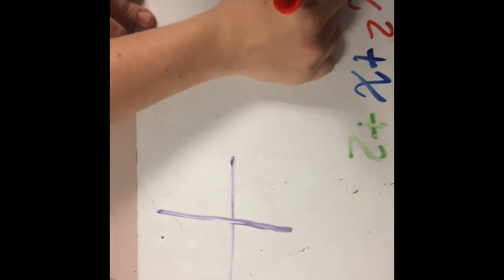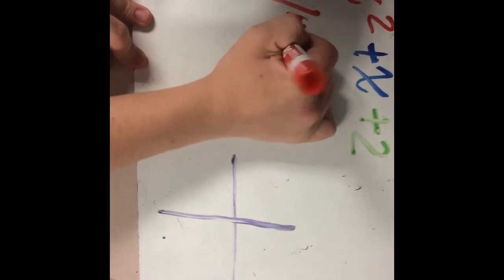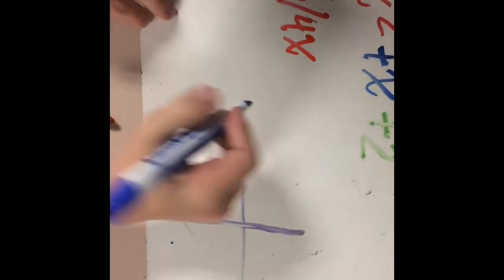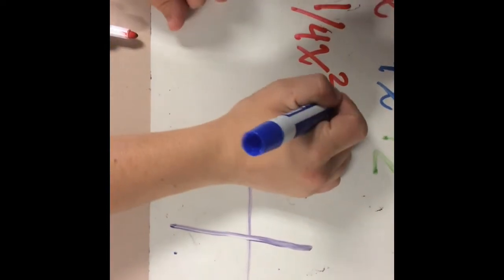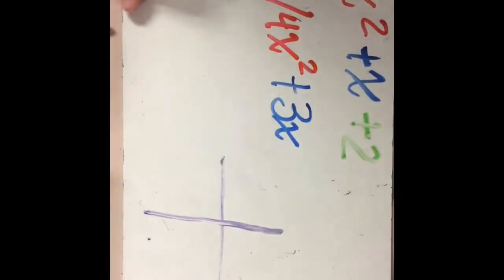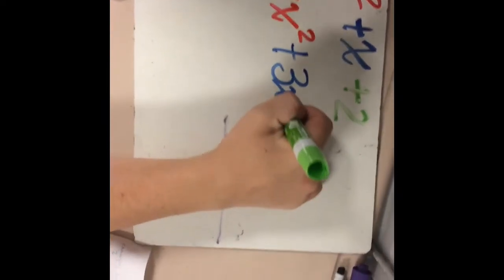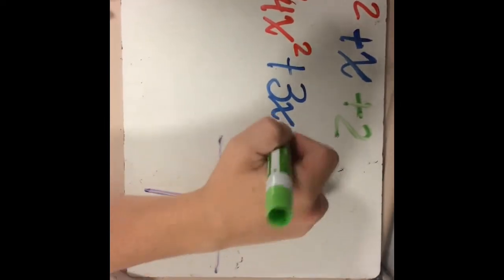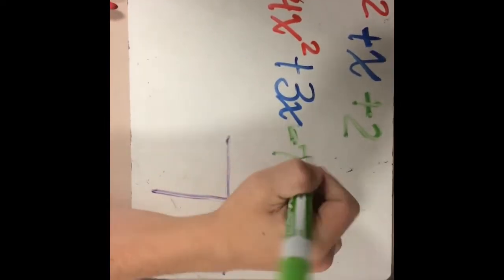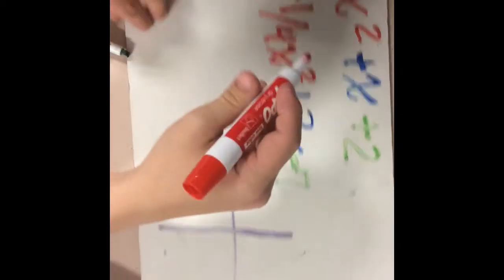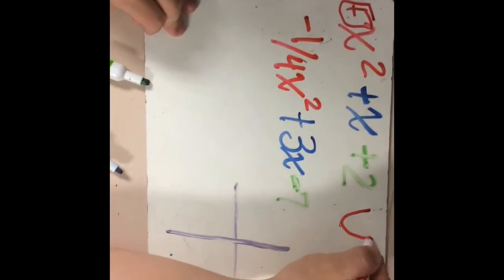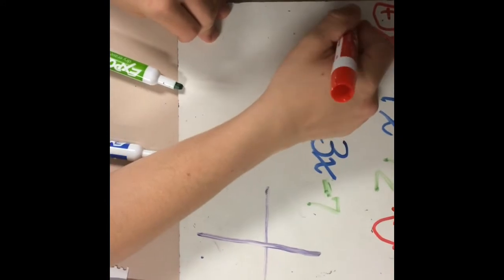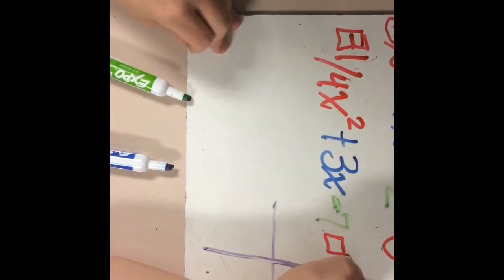And then as the second equation, we have negative 1/4 x squared plus 3x minus 7 at the end. Because we have the invisible positive sign here, that thing's going to be going up, and the invisible negative sign here means this thing is going down.